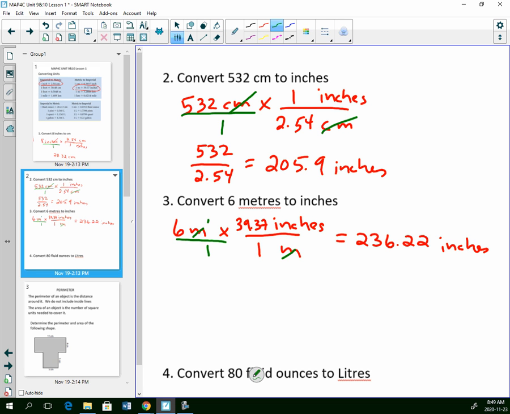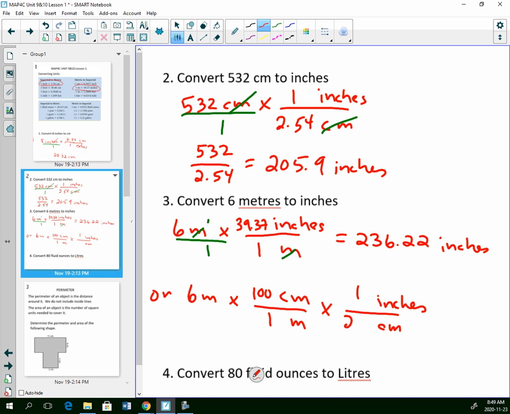You could do that. Let's say we didn't have a conversion for meters to inches. Let's say we still only had centimeters to inches. You could also do it in more than one step. You could go meters to centimeters and then centimeters to inches. So I know 1 meter equals 100 centimeters, and then I have my conversion, 1 inch equals 2.54 centimeters.